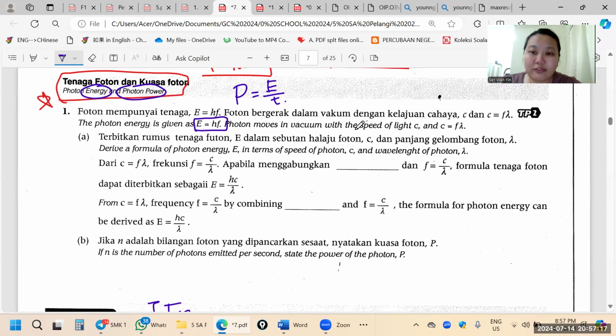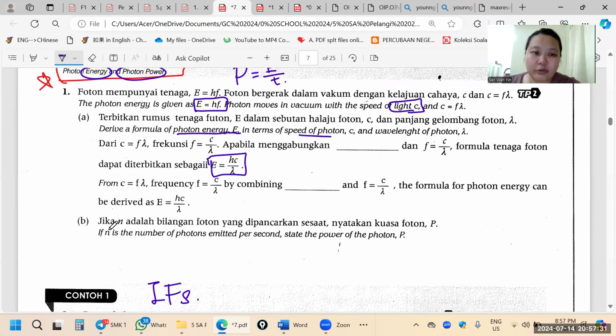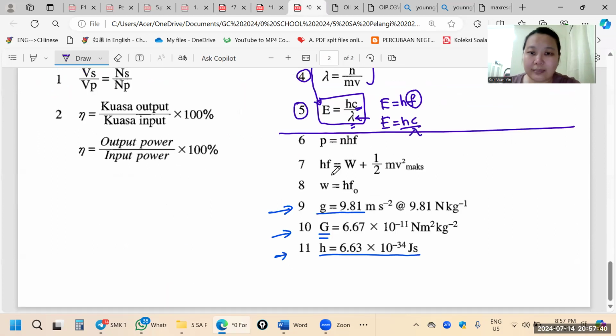A photon moves in a vacuum with the speed c, light speed. To derive the formula of photon energy in terms of speed and wavelength, we get E equals to hc over lambda. And then if n is the number of photons emitted per second, state the power of the photon P. Our answer is this.